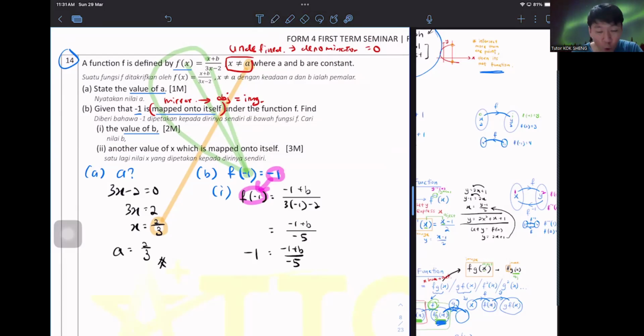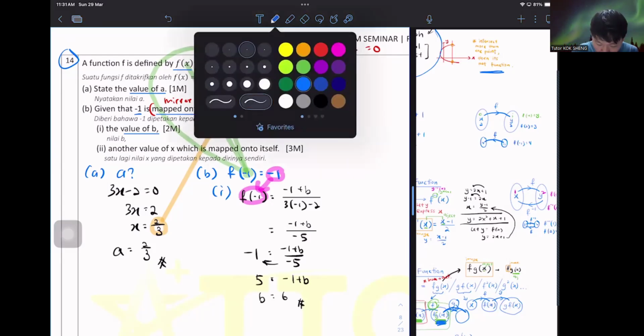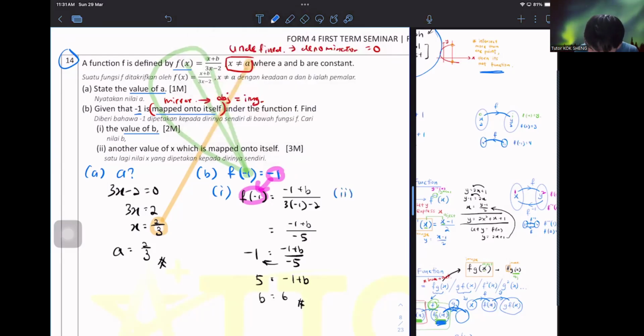Okay, so now we can find B already. Fraction, bottom bring over first. -1 times -5. Then followed by -1, bring to left, become plus 5 plus 1. Yeah, 6. B1, siap.